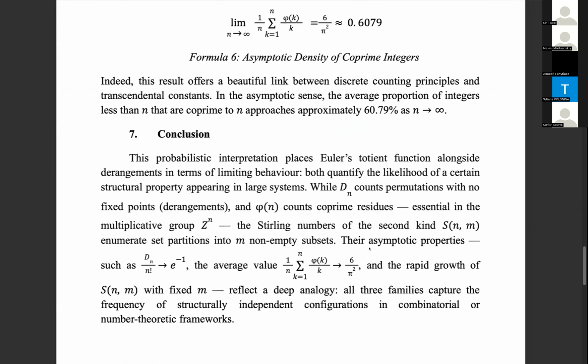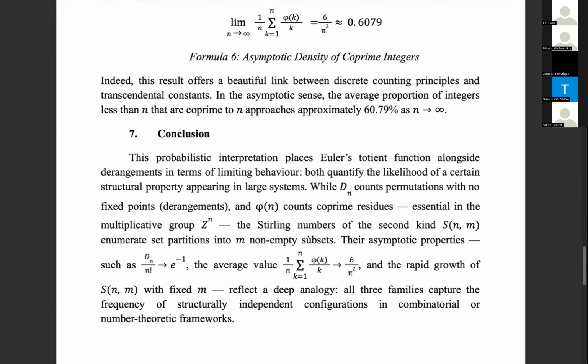So in conclusion, derangements give us insight into permutation structure and its convergence. Surjective mappings connect to partitions and Stirling numbers. Euler's totient function brings in number theory, cryptography, and density limits. And what unites all of these is that each concept quantifies the probability of structure or independence: no fixed points, full surjections, or coprime residues.